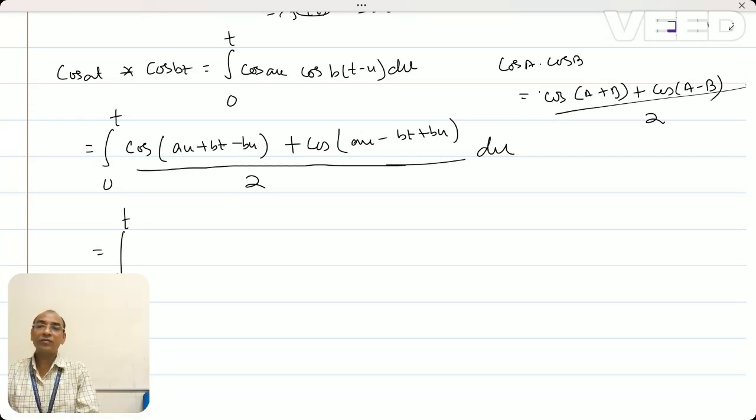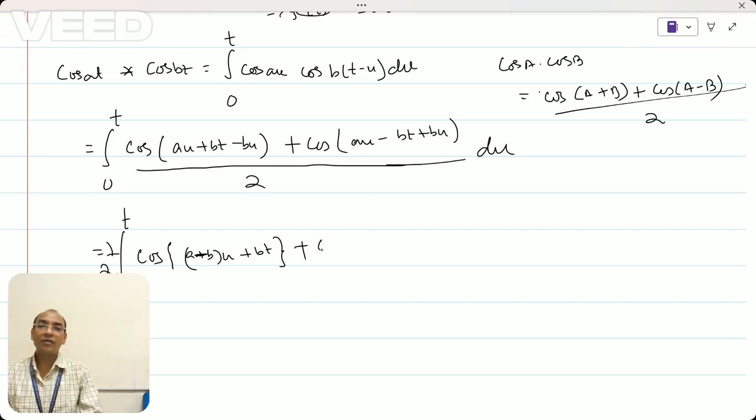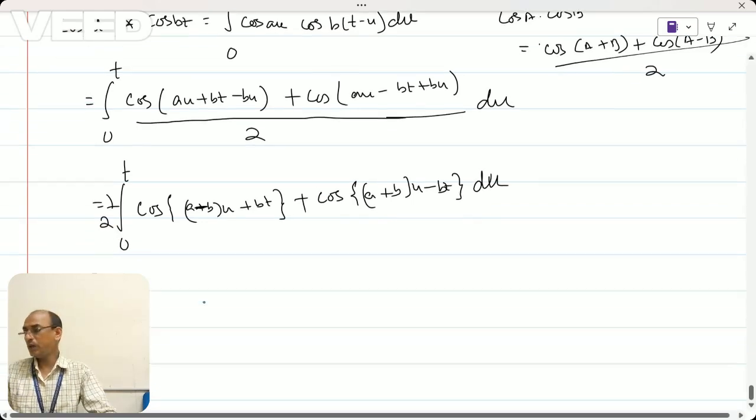There are two u terms, so I will say cos of a minus b u plus bt, and 1 by 2 I will take outside, and plus cos of a plus b u minus bt, and I will integrate it with respect to u.